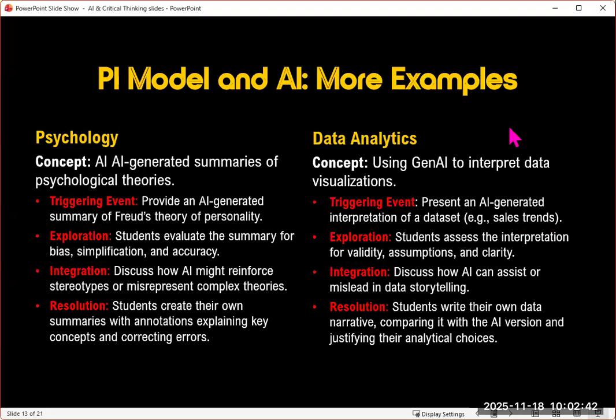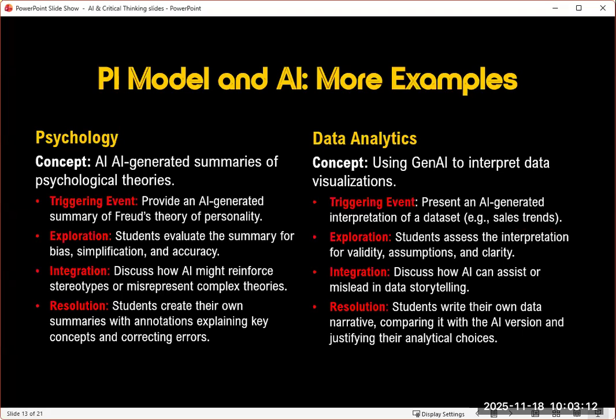And then last but not least, a similar idea here with data analytics. So using Gen AI to interpret some data visualizations, give them an AI generated data set. Students analyze that, assess it for validity, clarity, assumptions, have more discussion after that about how AI is helpful, but also how it is detrimental in terms of data storytelling.